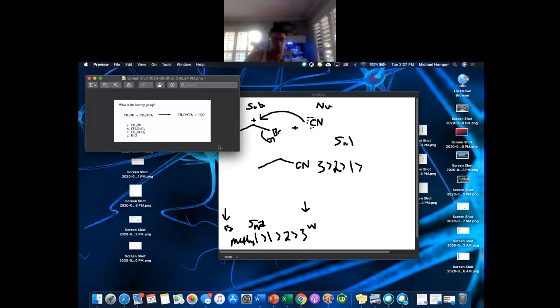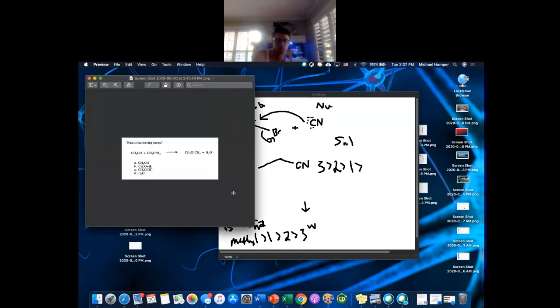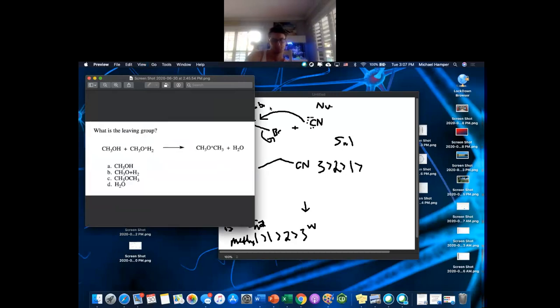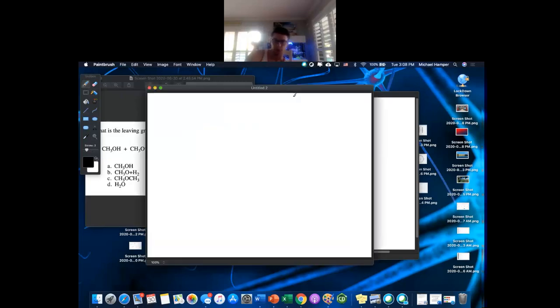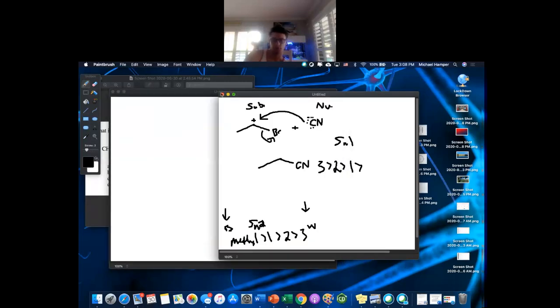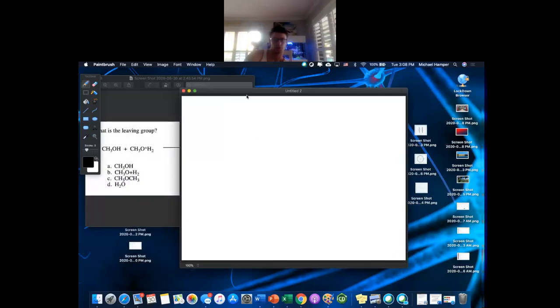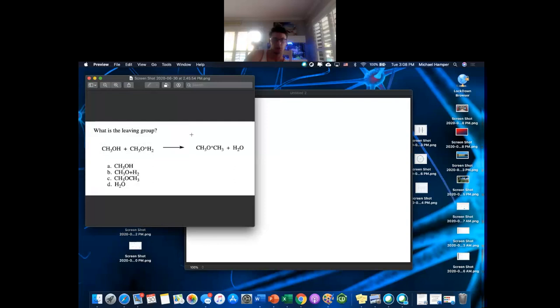Next up, what is the leaving group? I've seen this problem show up in bonding. I kind of don't understand why people get it wrong because it's really a fundamental thing, what's leaving in the reaction. So does anybody know which one is the leaving group? You're given this whole reaction, out of all these 4 choices, which one is the leaving group?